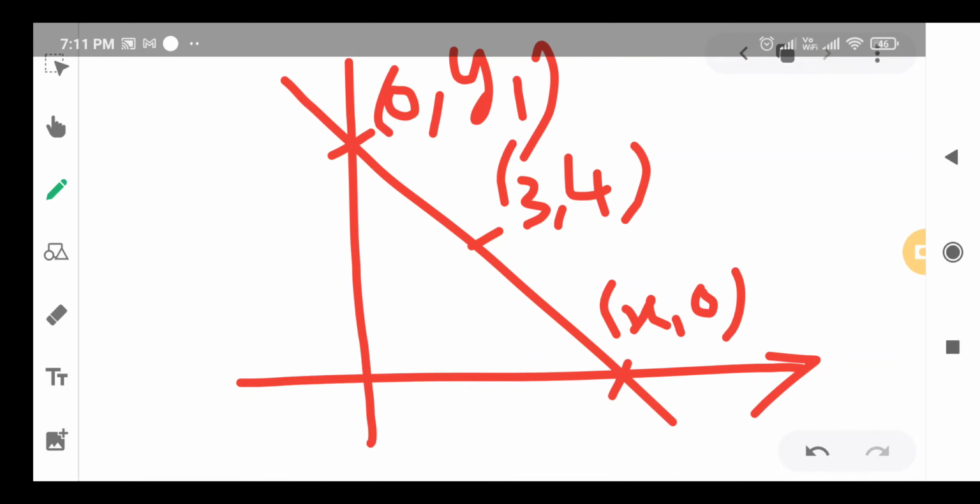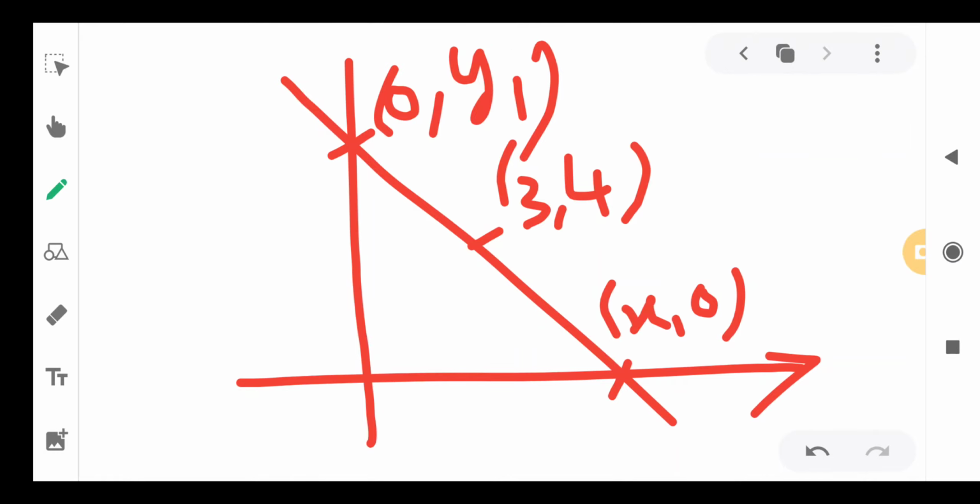Therefore the given line forms a triangle. Say for example A, B, C. Here it's 90 degrees and this area is 24.